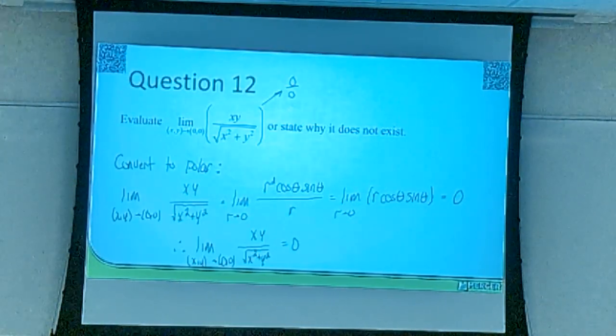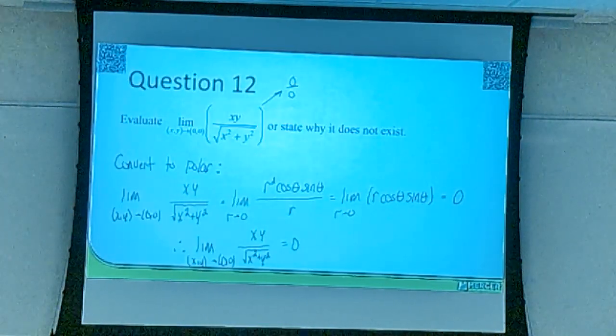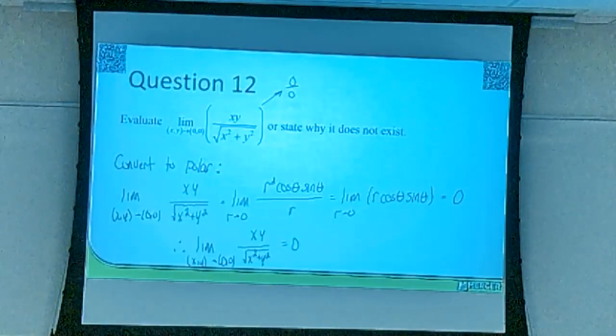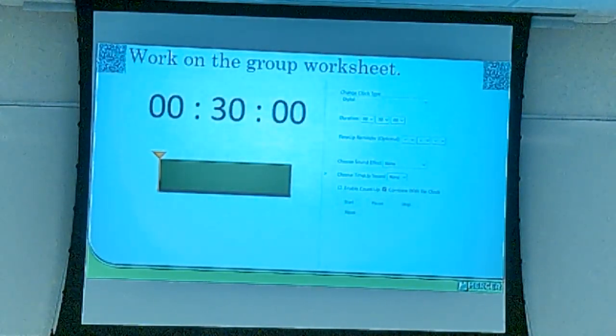So get into your group. Next will be 30 minutes for the worksheet, 10-minute break. That'll take us to, what, 2 o'clock? And then we'll do partial derivatives. We're at 75 minutes, and then 25 minutes next class.